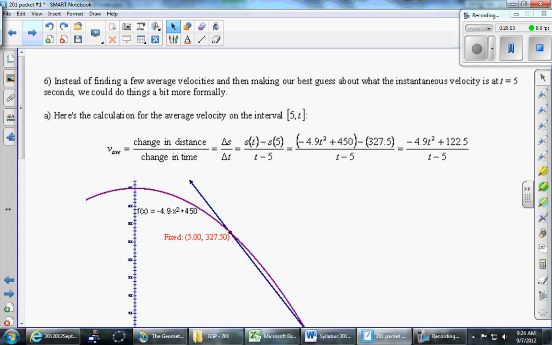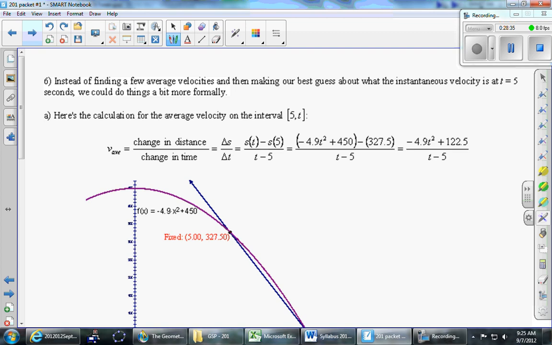Okay, number 6, and you are Andy. So instead of going between 5 and 4 or 5 and 4.9, we're going to go from 5 to some arbitrary, some varying thing.